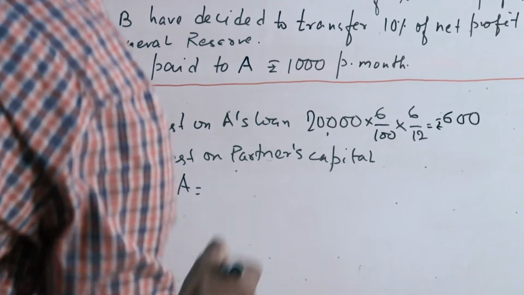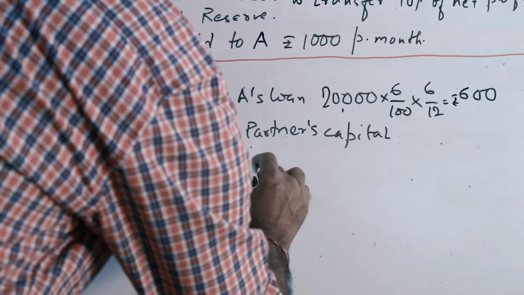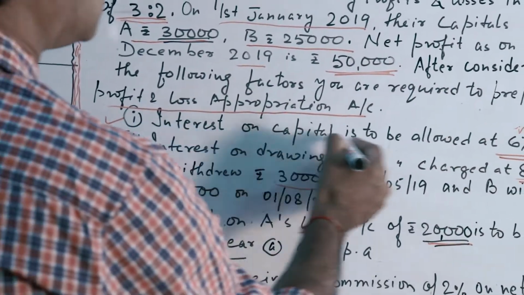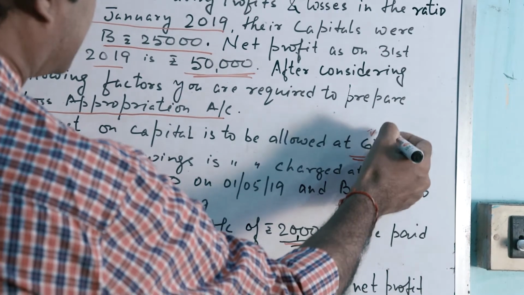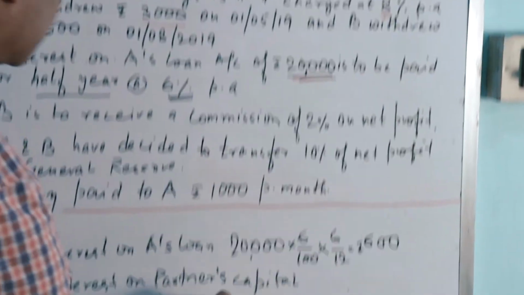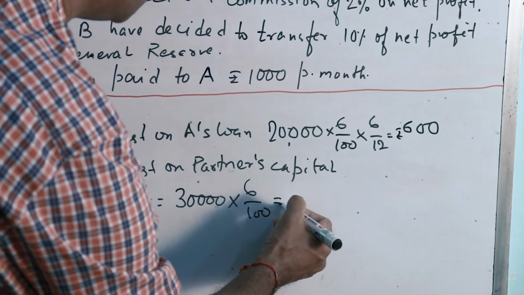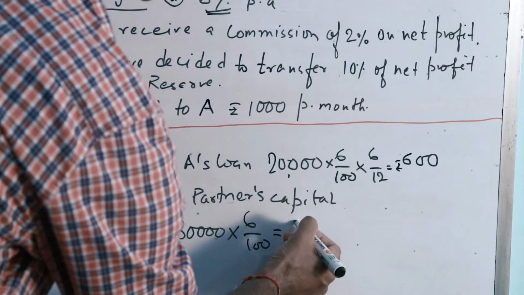A. How much will you get? Interest on partner's capital, A. What is the amount of capital? 30,000. So 30,000 into rate of interest. Interest on capital is to be paid at the rate of 6% per annum. So 6 by 100 equals to 1800.